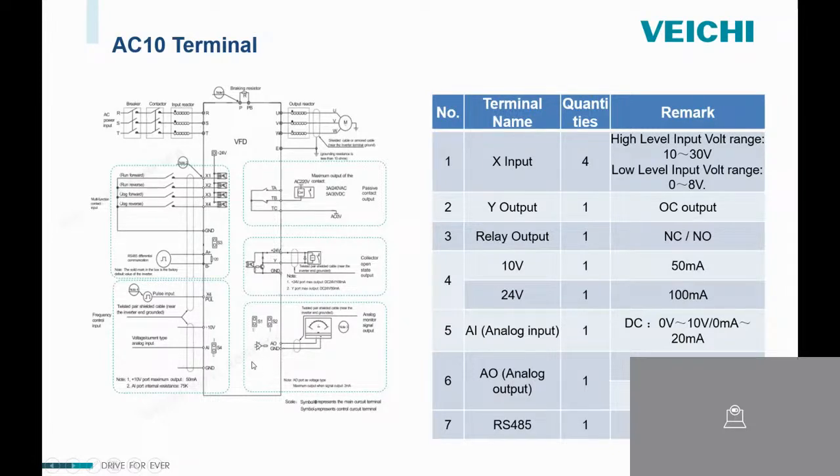Analog output also you can select voltage type analog output, or current type analog output. Our voltage type analog output is 0 to 10 volt, and current type analog output is 0 to 20 milliampere. You also can select RS485 type analog output. And we have RS485 for communication, and it supports Modbus RTU.